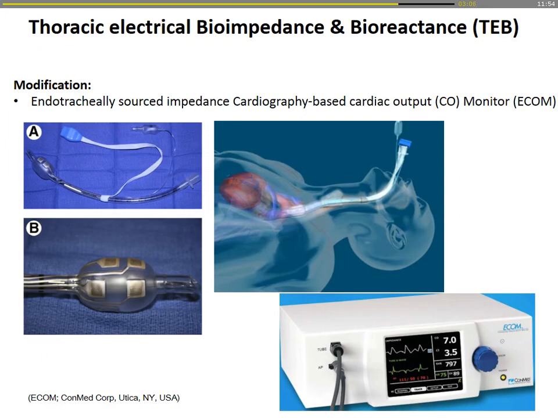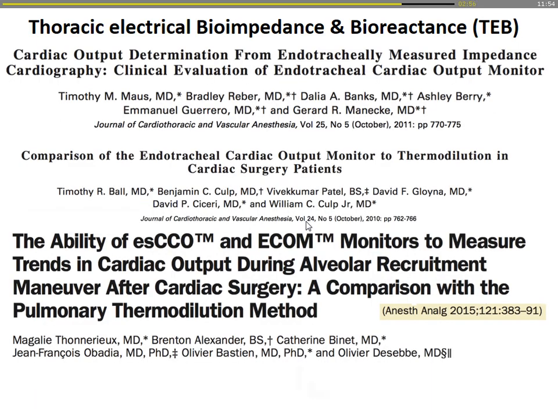There's a modification of this technique which implemented the electrodes into the tracheal tube, as you will see here. So it's closer to the heart or to the aorta, where you can measure the flow. And all of these studies just come to the conclusion it did not adequately agree with thermodilution measurements of cardiac output.